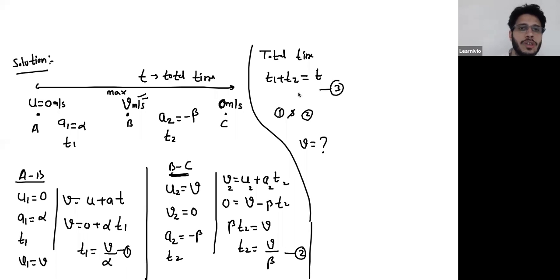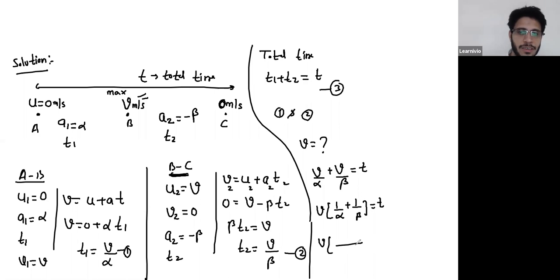See, if you substitute the values of t1 and t2 from 1 and 2, t1 is v by alpha, right? Your t2 is v by beta, which is equal to t. You can take this v as common. You're left with 1 by alpha plus 1 by beta equal to t. What's the LCM?